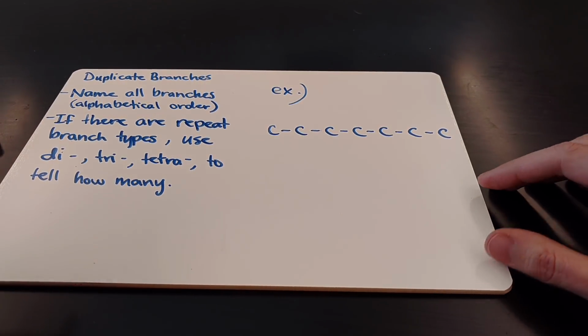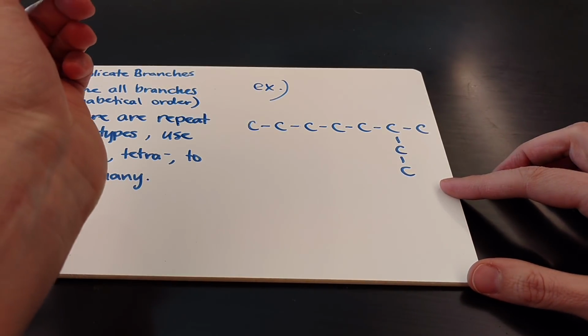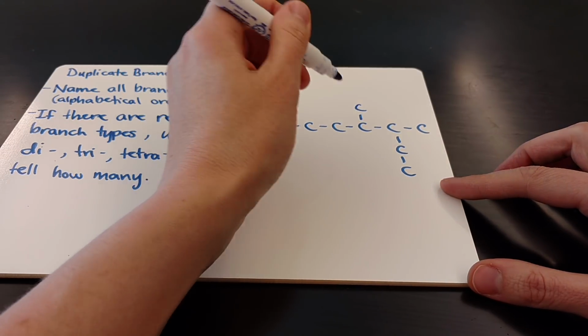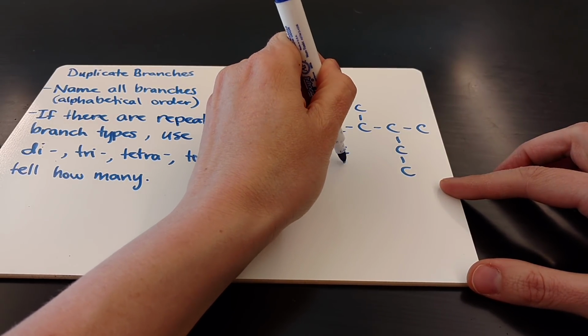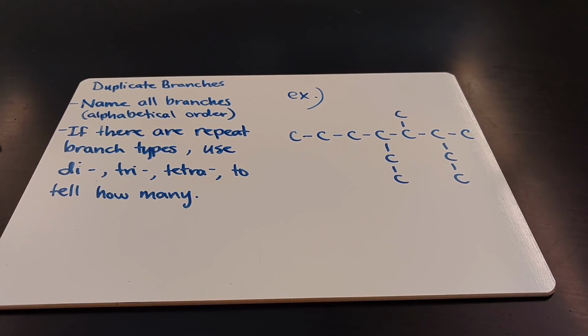And then coming down from this carbon, we have 2 carbons in a row. This one, I'm going to stick 1 carbon up, and then this one, I'm going to stick 2 carbons down. So 7 across, and then we got 2 down, 1 up, 2 down, starting from that second carbon in.